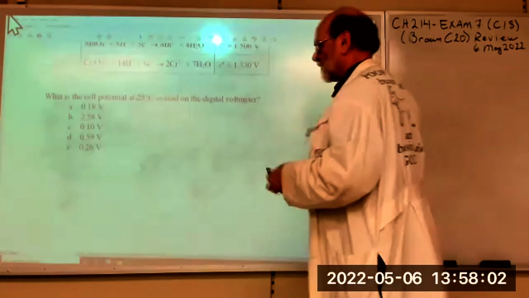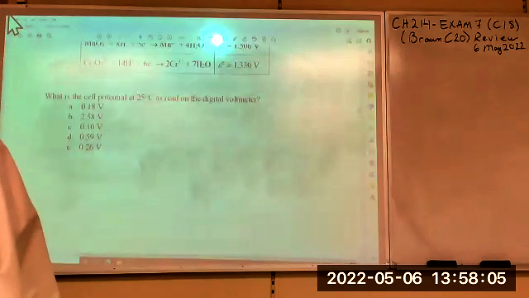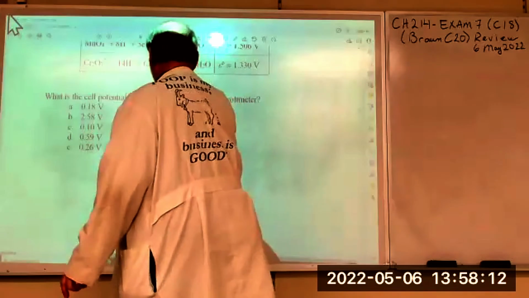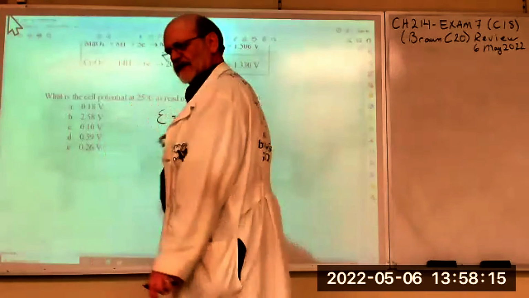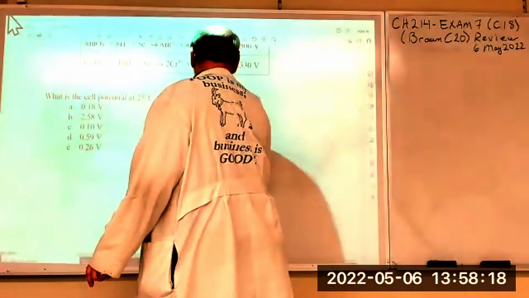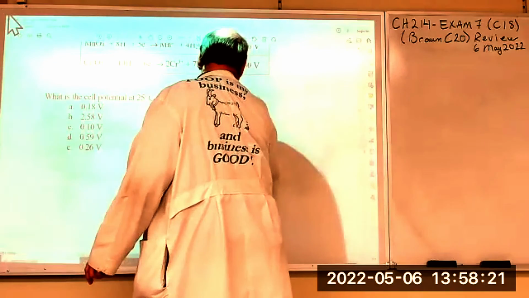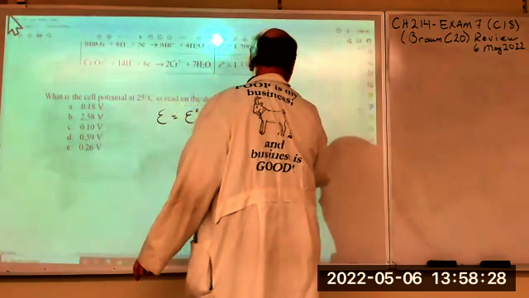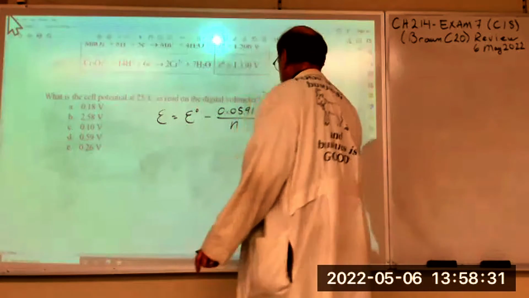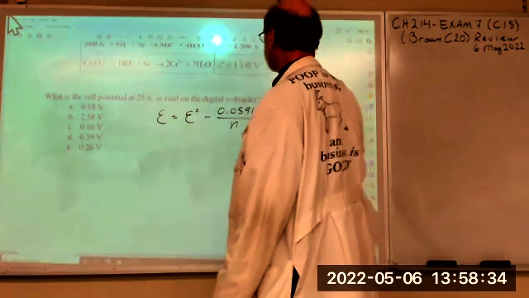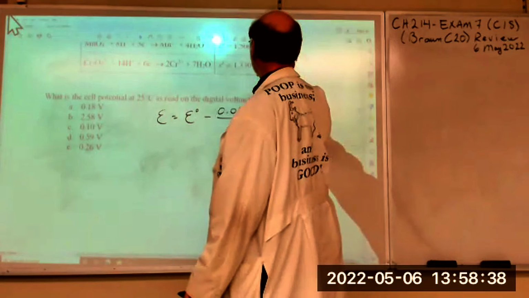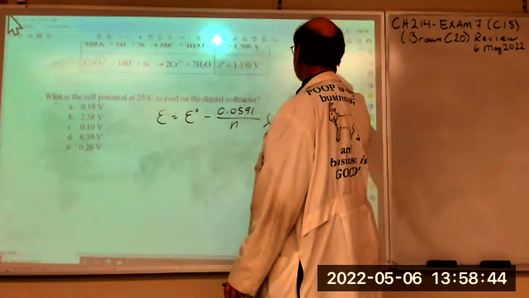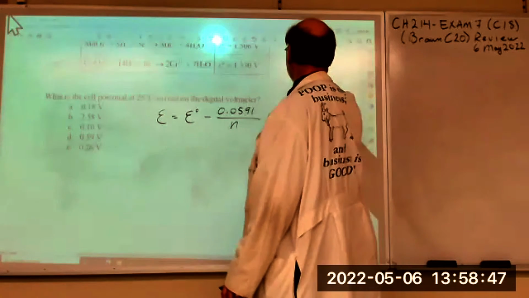Oh, okay. So what we need for this one is the Nernst equation. So E0 minus 0.0591 over n times log of Q. Okay, so E0, I have to recalculate that one. 1.176. 0.76, okay.